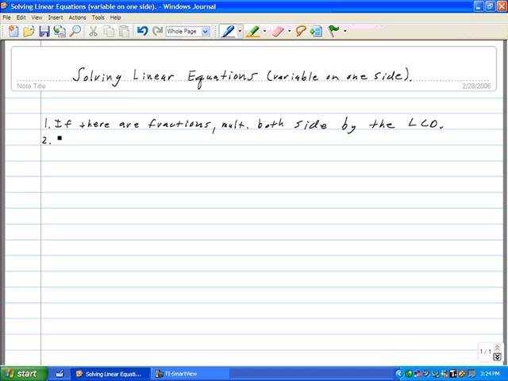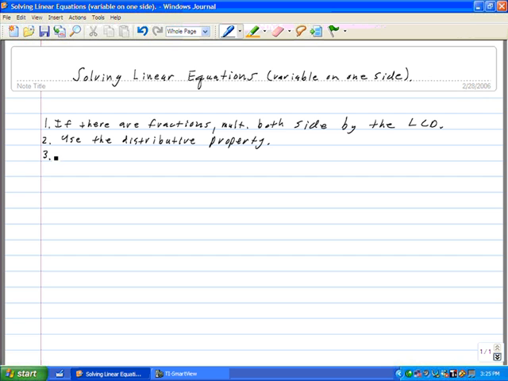Now the second thing you do is to use the distributive property. The distributive property will be used whenever you have parentheses or braces or brackets or anything like that that need to be removed.